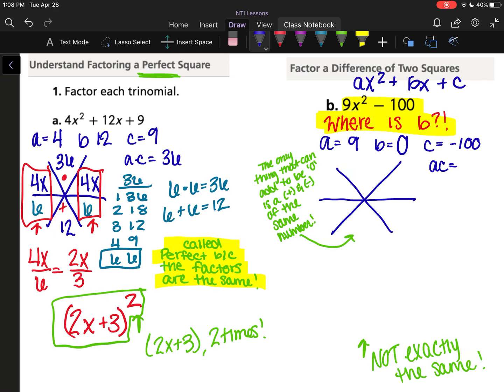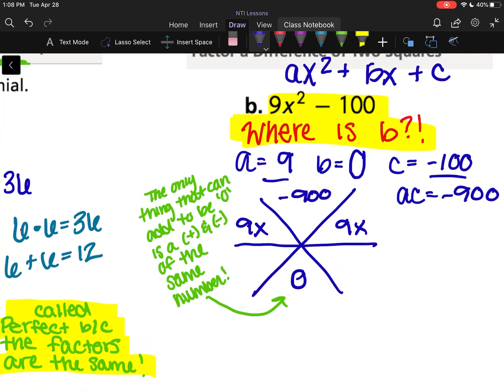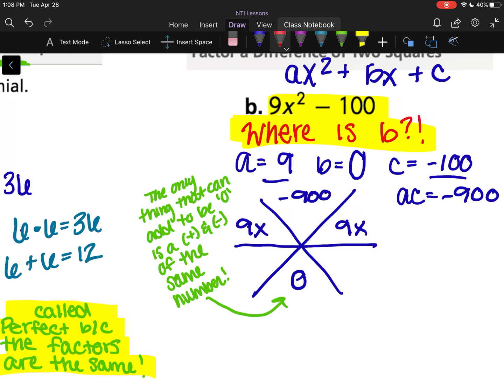Let's fill out our snowflake like we know. The a times c is going to be 9 times negative 100. That's negative 900. Whoa, that's big. We can do it, though. That b is 0. We've got 9x. I'm going to zoom in on us. And now we've got to find numbers that add to be 0 but multiply to be negative 900. And I've given you a real great hint right here. The only thing that can add to be 0 would be a positive and a negative of the same number.